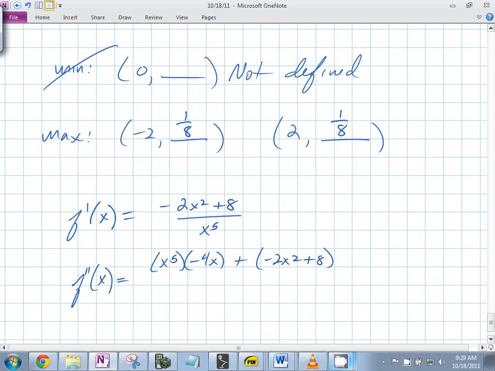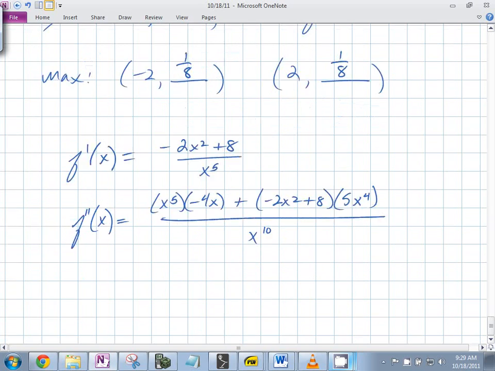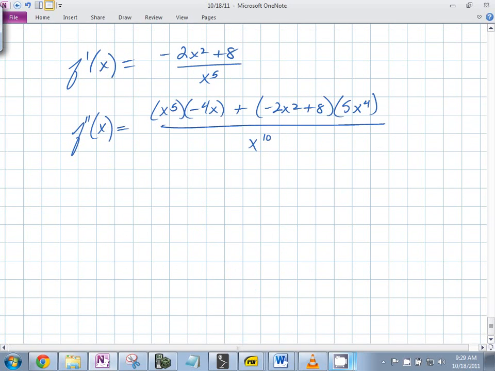So now we're interested in the critical values there. What's one of the easy ones? 0. It's undefined at 0. We're guaranteed we're not going to cancel that. We need to know where the numerator is equal to 0. The numerator is going to be negative 4x to the 6th minus 10x to the 6th plus 40x to the 4th.